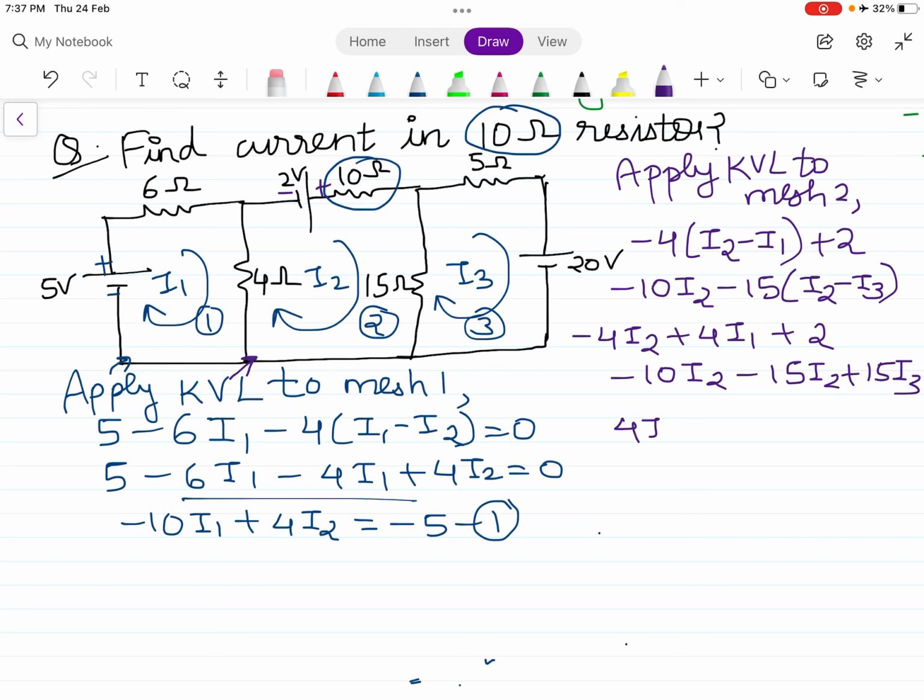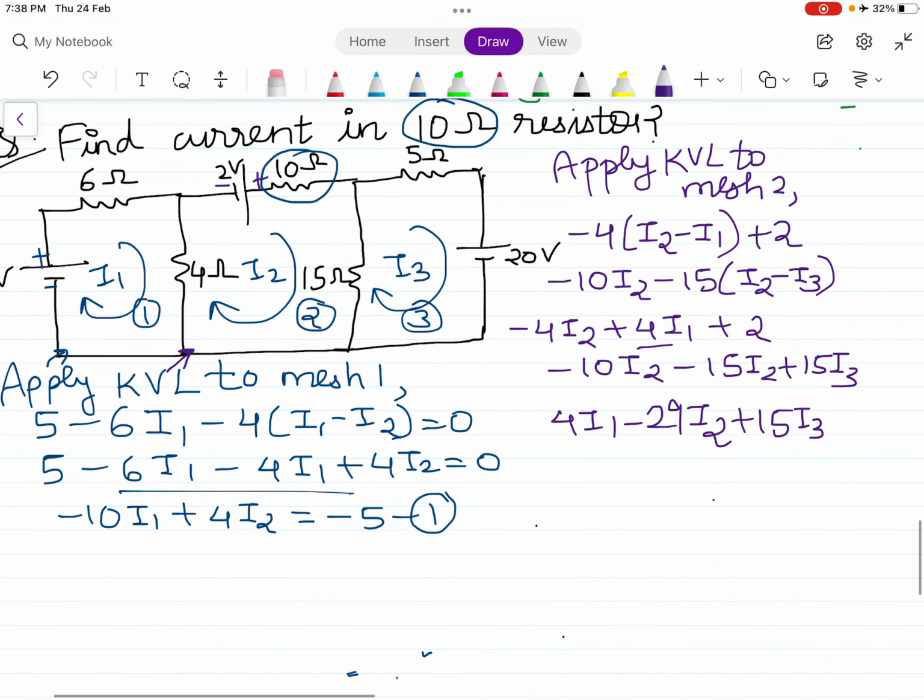So 4 I1, then I2 will be, so collect the I2 terms 4, 10 and 15. That is 29 I2 plus 15 I3 equal to minus 2. Equation number 2.